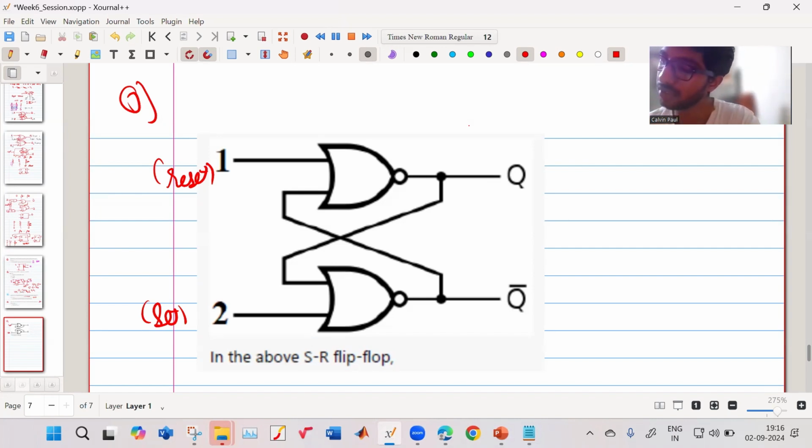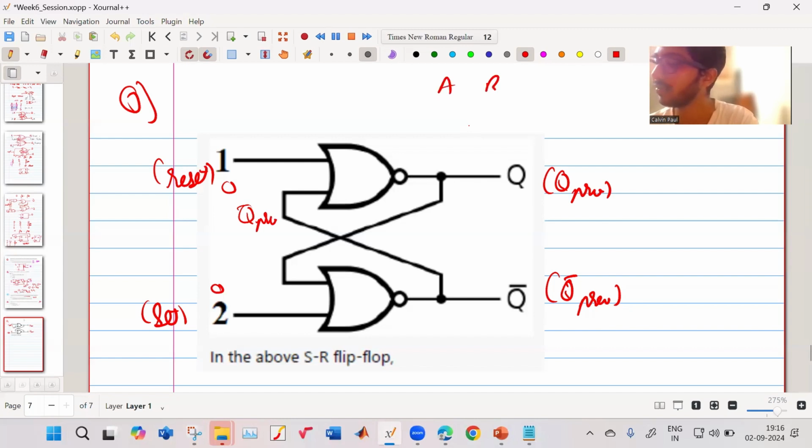So suppose we make this as 0 and 0. If both are zeros, then what will happen at the output? Suppose this had some value Q previous. This will be Q previous bar. So this will come over here as Q bar previous, plus 0. So these are NOR gates.